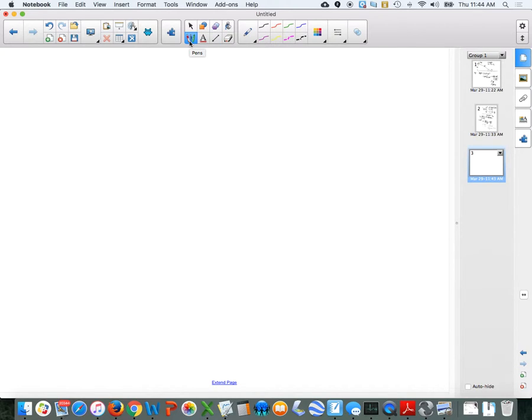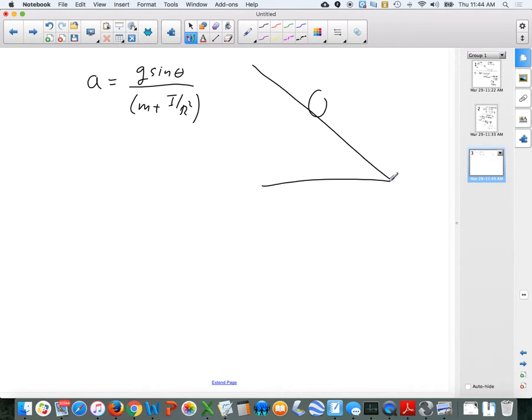in general, we found the acceleration was g sine theta divided by m plus I over r squared. We said there was an upward directed friction.